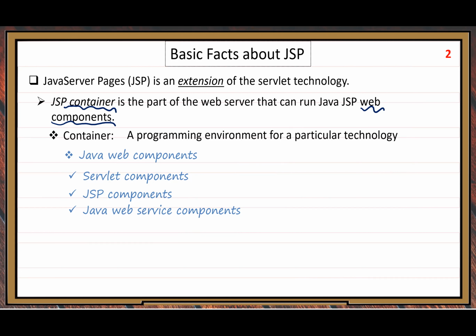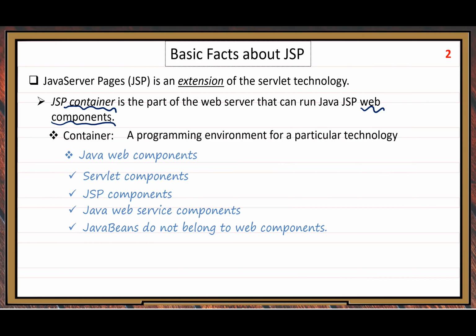But there is another one, Java beans. You may have heard of Java beans. Java beans do not belong to web components. They are software components, no problem, but they are not Java web components. Why?